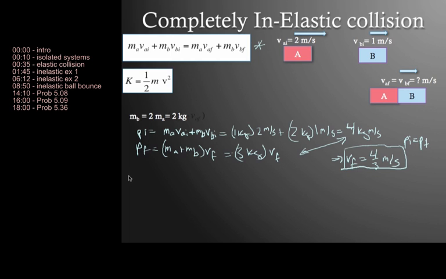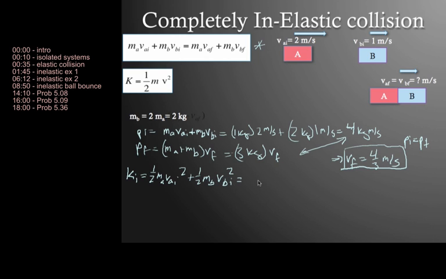All right, so now let's check how much energy we have initially. So initial energy is going to be the sum of the two kinetic energies for A and B. So we're going to have 1/2 MA VA initial squared plus 1/2 MB VB initial squared.